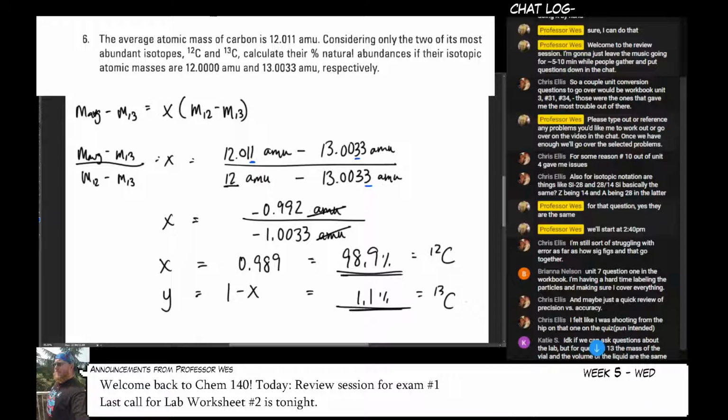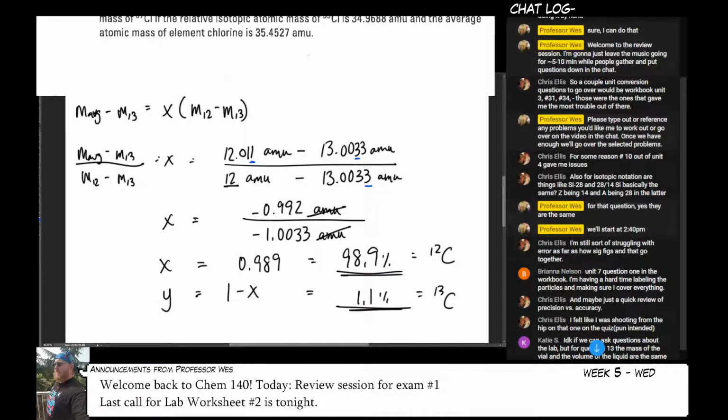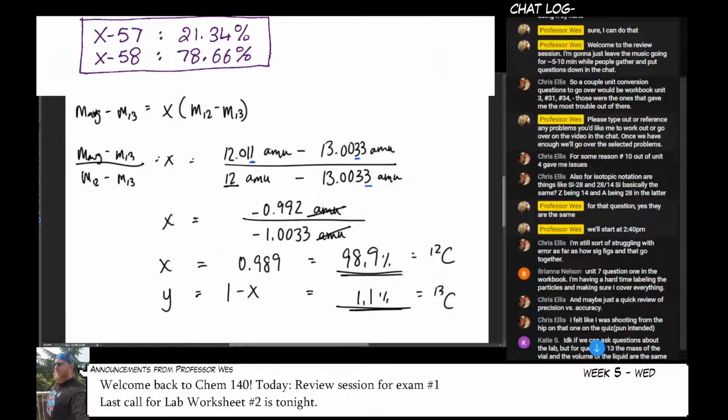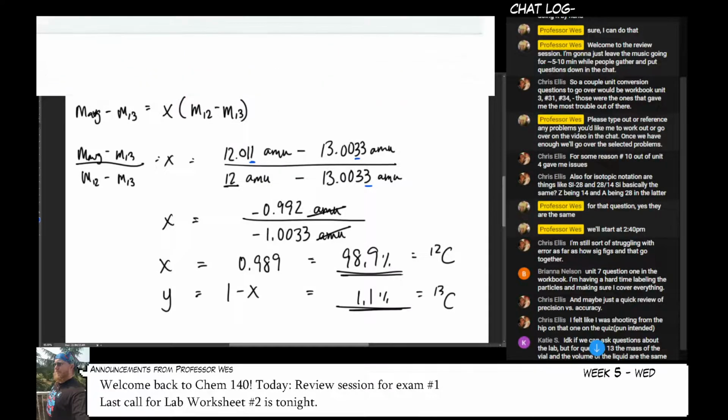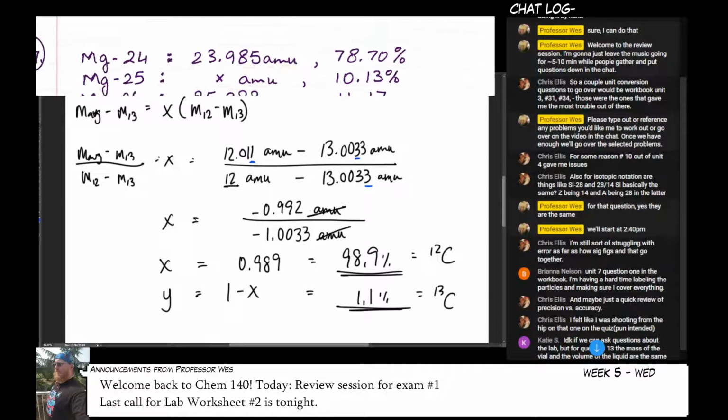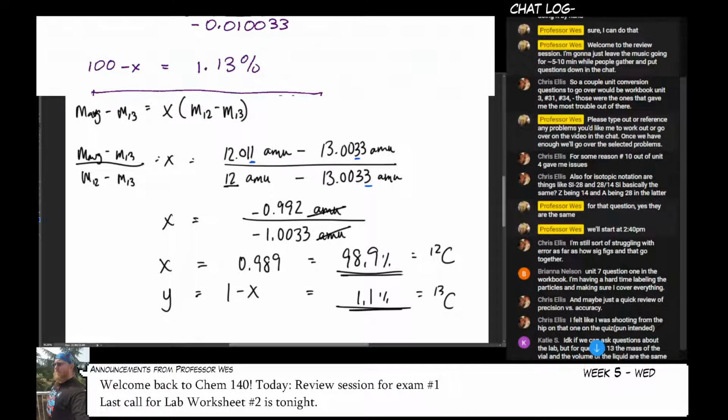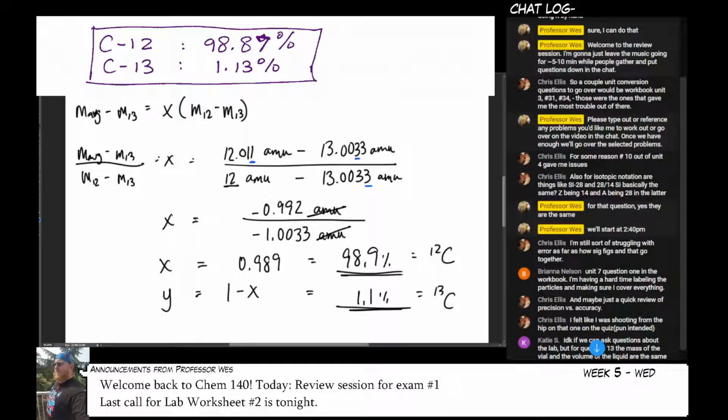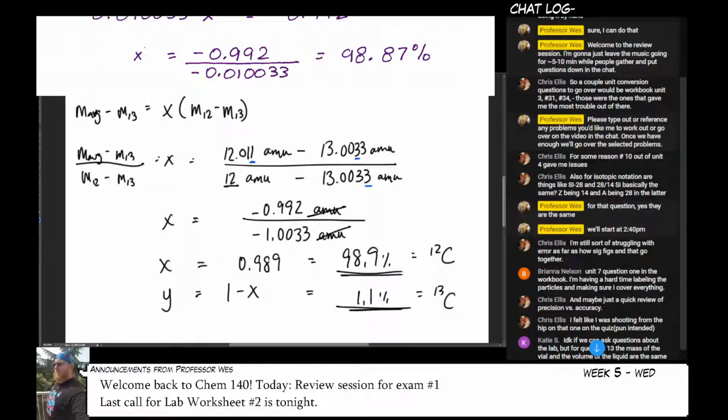Now you'll notice that my sig figs are different from Samita's, because of what Samita may have done. So if I scroll this back up here, this is the answer key. What she got for number 6, she had more decimal places. So there's her answers. And the reason she has more decimal places is she made a mistake right here.